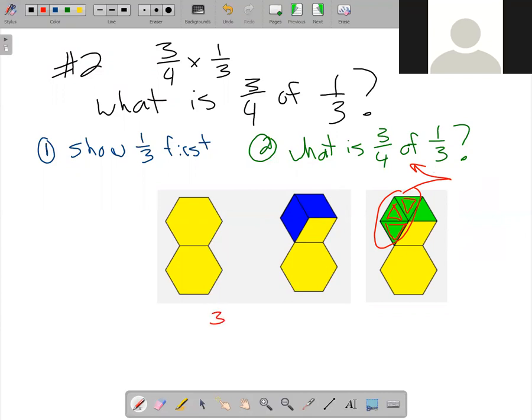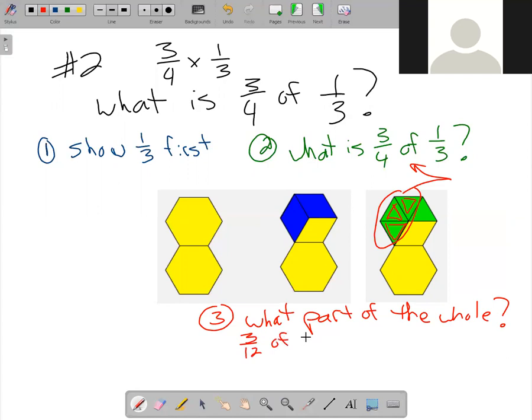Third step, what part of the whole is that? 3/12 is one answer, okay. 3/12 of a whole. Does anybody see a different answer? Not half.